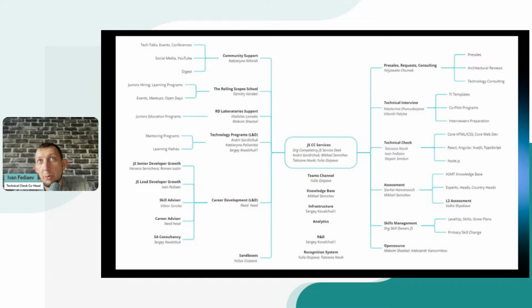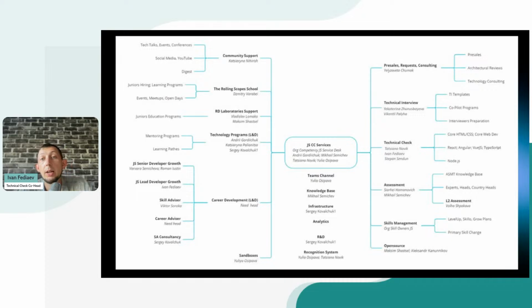We have one more service, the Rolling Scull School. It helps us to teach juniors and hire them, and provides events for students, etc. Another is L&D: technology programs, which I think most of you have faced, like GitHub Copilot for JavaScript or other learning paths for AI engineers.